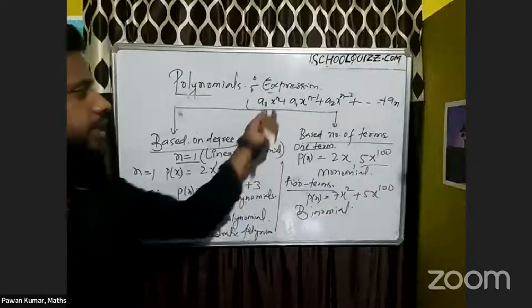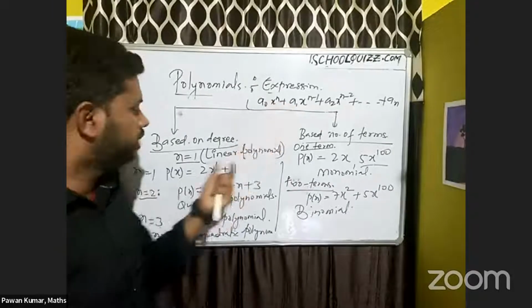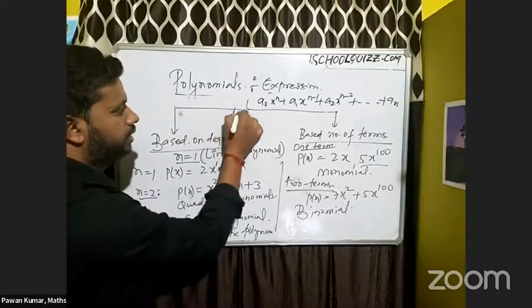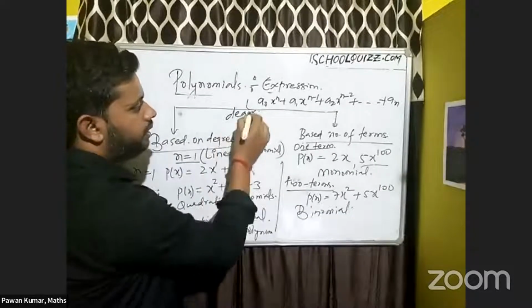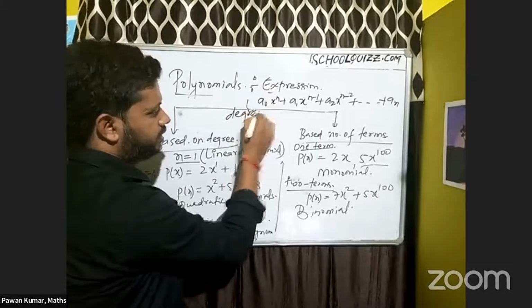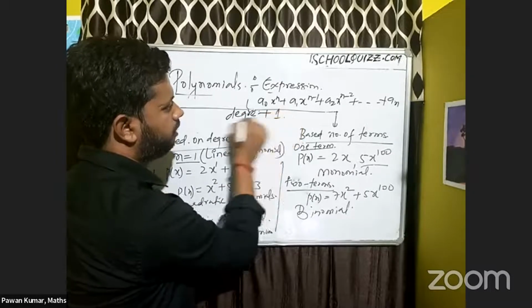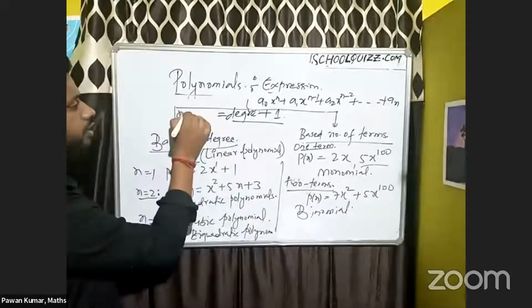When I substitute n equals 1, I get only two terms. Means the degree, that is the general way: degree plus 1 will be the number of terms.